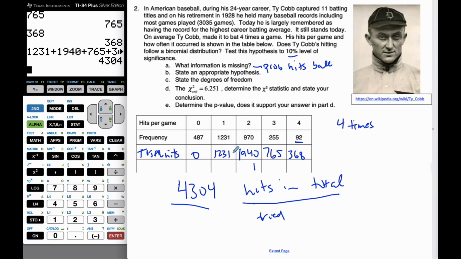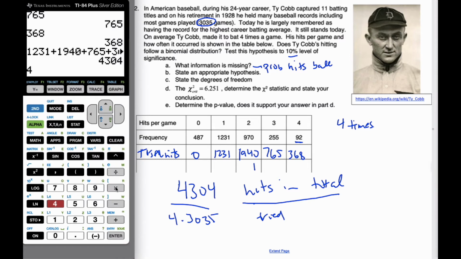Well, I know that if I add up the total number of games, the total number of games is 3,035, and each time he went up 4 times. So it's going to be 4 times 3,035.